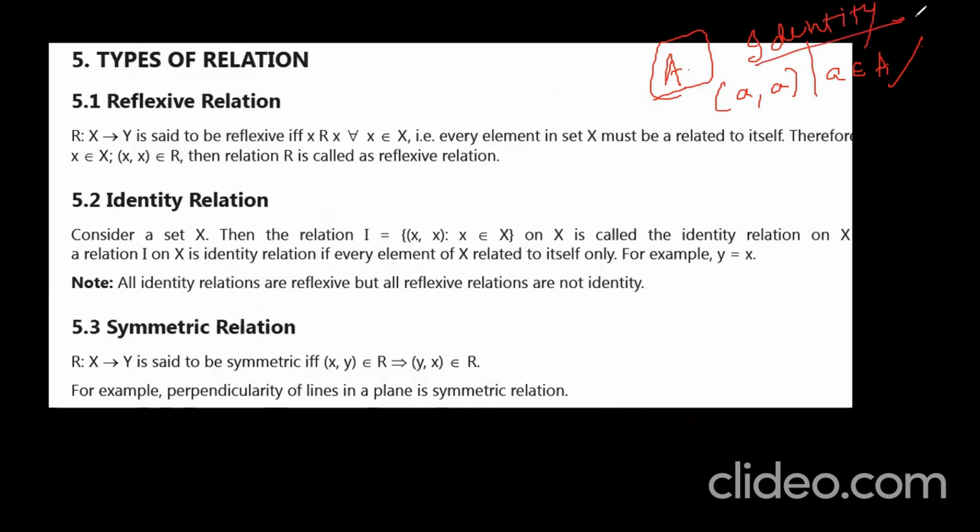But in a reflexive relation, it contains more elements, since every element of A is related to itself. Here, if A is a non-empty set, then the relation (a, a) with a belonging to A is going to be the identity relation. It is represented by I_A or something like that.